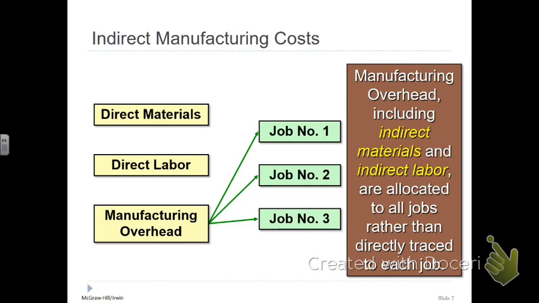I am not going to keep track of how many nails I put into the remodel job. That's going to be part of manufacturing overhead. I would keep track of the number of pieces of wood or drywall, but I'm not going to keep track of the number of nails or the amount of glue. So we're going to take those indirect materials, add them to indirect labor, and allocate them to jobs based upon some rate. We're going to talk about how to calculate that rate in a couple of minutes.